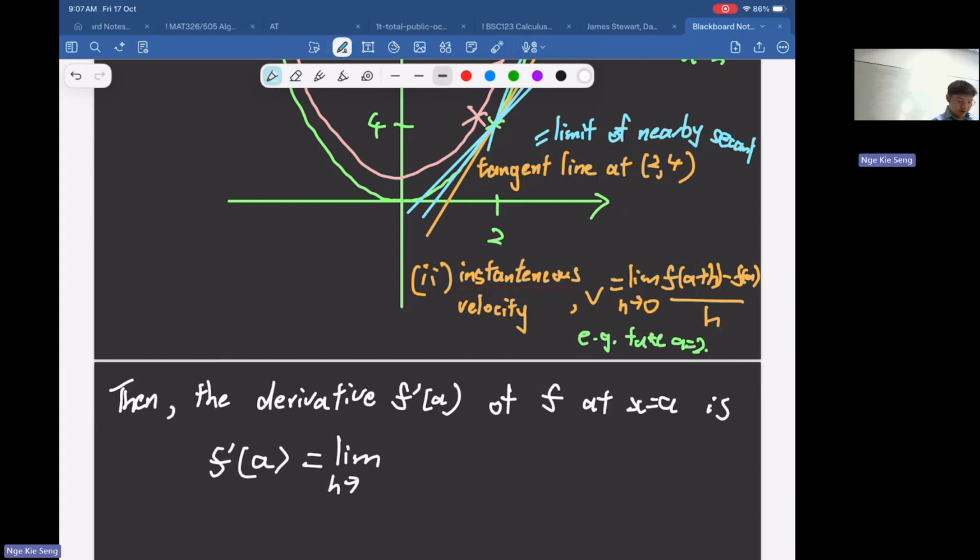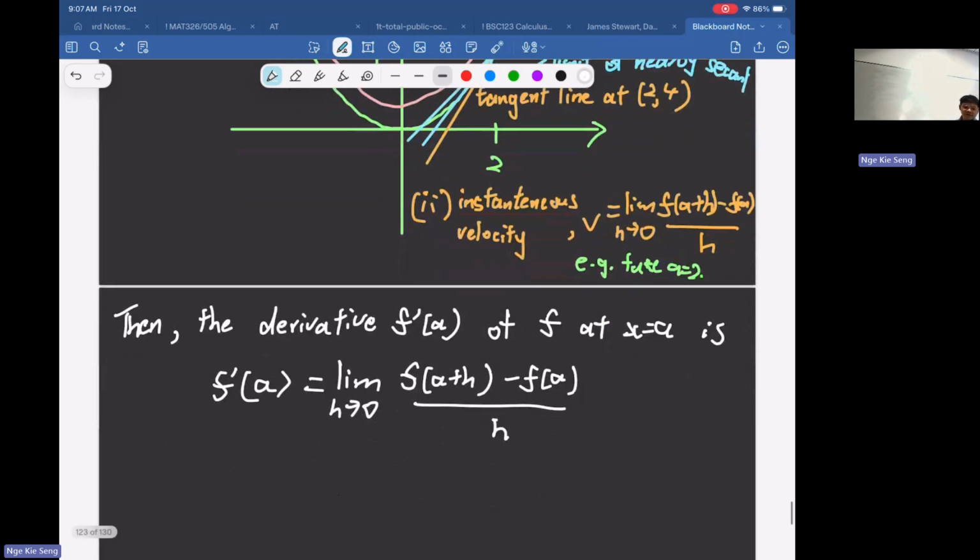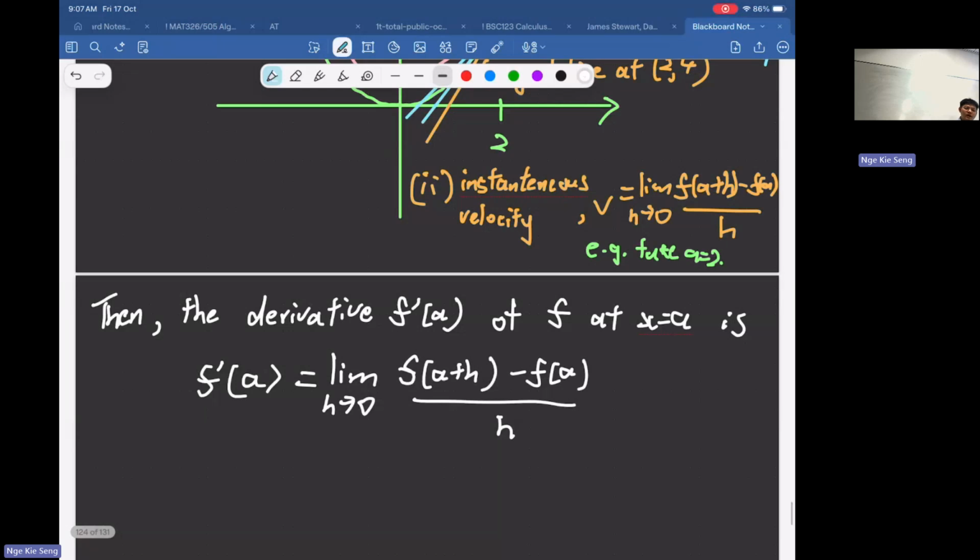It's the limit of f(a plus h) minus f(a) over h. So it's like the limit of the difference in y direction over the difference in x direction.